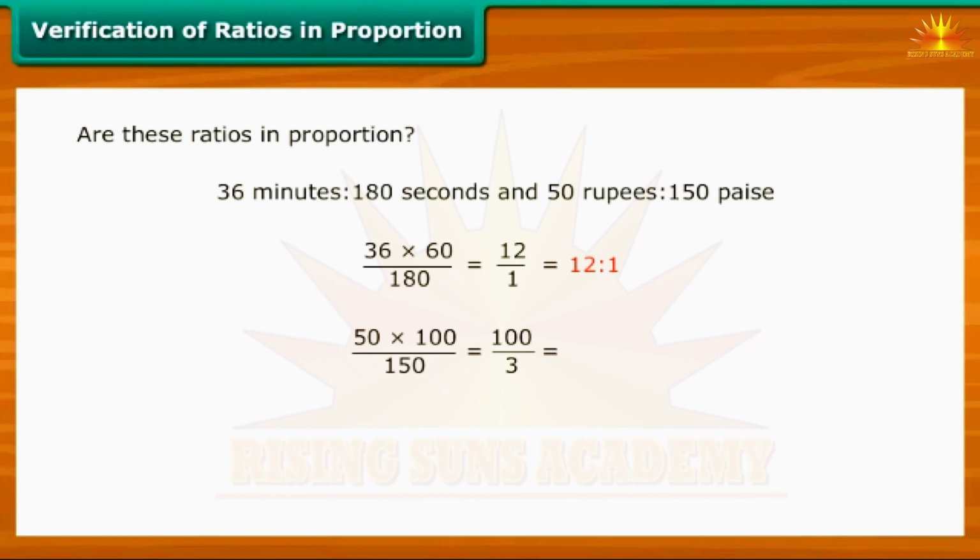Therefore, 36 minutes is to 180 seconds is not equal to rupees 50 is to 150 paise. The ratios are not in proportion.